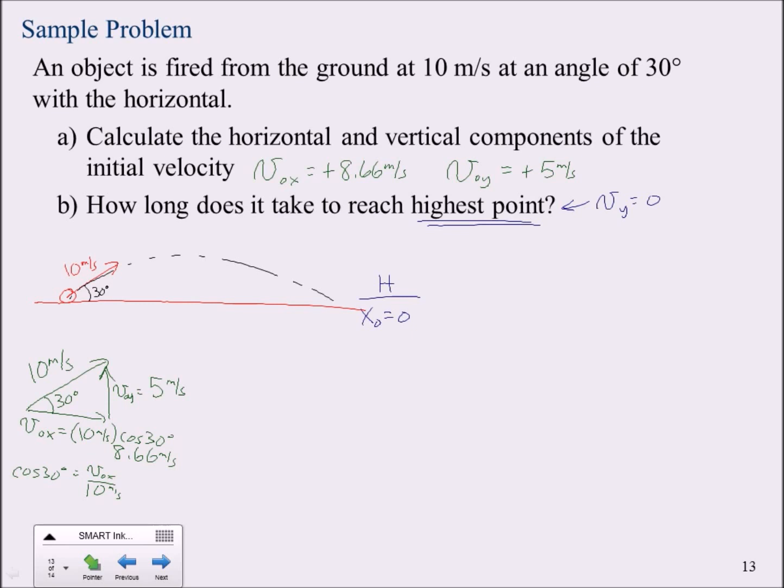I'm going to let this start at the origin, x equals 0 and y equals 0 at the start. The initial x velocity is 8.66 meters per second. The horizontal acceleration is 0 meters per second squared.